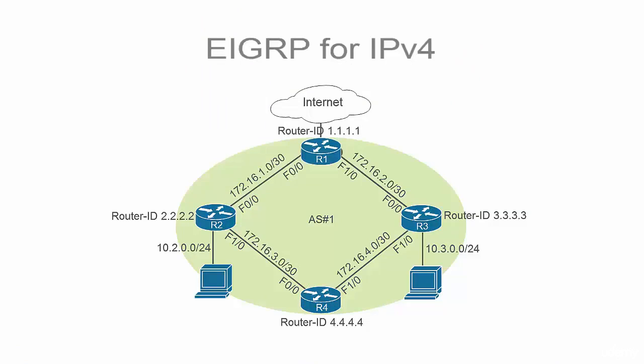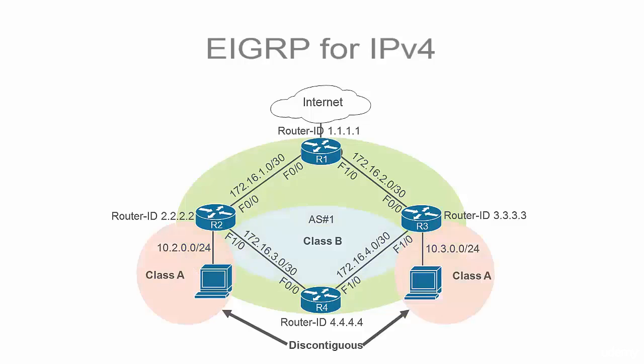One more thing to show you here with EIGRP. I want to show you the effects of having auto summary enabled on our router. Since we have what's called discontinuous networks here, which means that we don't have the same classful networks throughout the whole topology. So for example, the 10 dot networks sitting off of R2 and R3 are part of a Class A classful network, while the networks between R2, R4, and R3 are part of Class B networks.